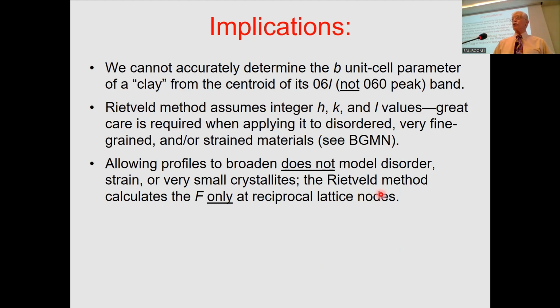So you can't measure the center of the 06l band and conclude that that is 060, because if G squared and the geometrical factor are asymmetric, the peak can effectively move. So the centroid of the peak is not where 060 would be. So try not to do that. Everybody does it, but you shouldn't.